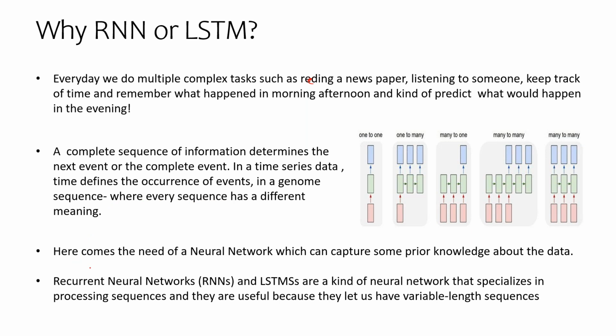Here comes the need for a neural network which can capture prior knowledge about the data. We use a neural network for capturing prior knowledge about the data so we can understand the context. Whatever was said or happened at timestamp t, let's say at 9 o'clock you heard that there will be a lockdown, based on that you understand at 10 a.m. that you could not go out.